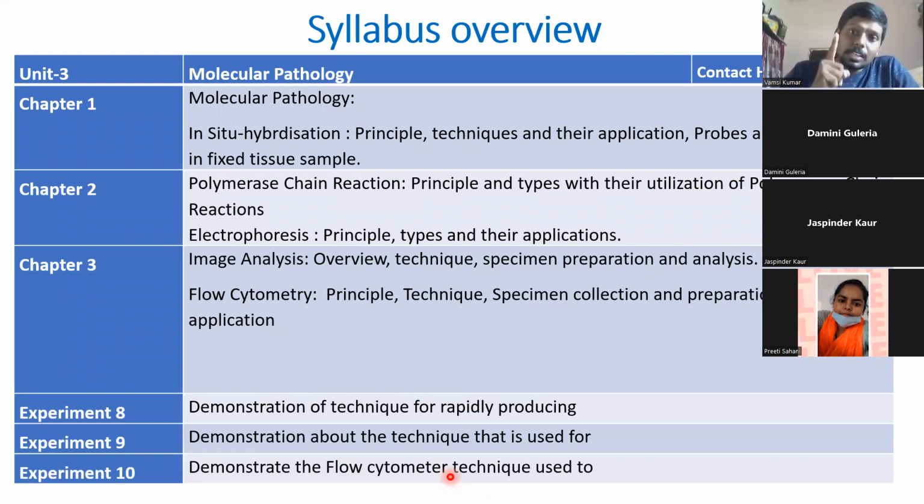And for each cell, it can detect almost 20 to 25 parameters. That means 25 antigens in a single cell, for almost 20,000 cells within a second. That is an advanced technique, an instrument called FACS, and we will discuss FACS in this particular subject. These are the things that we are going to learn in the coming classes in immunohistochemistry. So this is all about immunohistochemistry.